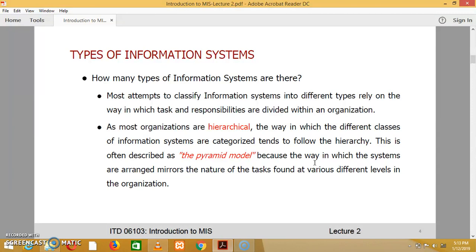Okay, so we have almost four types of information system based on business organization or business responsibility.